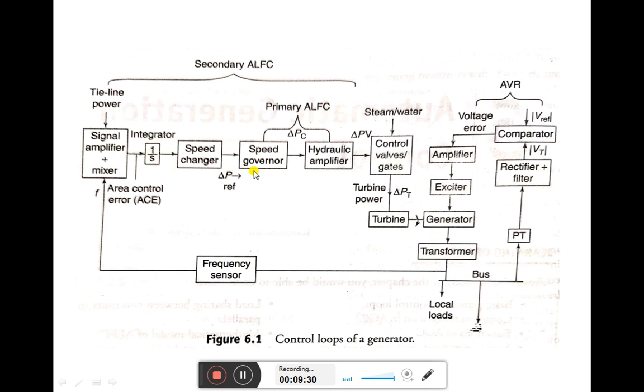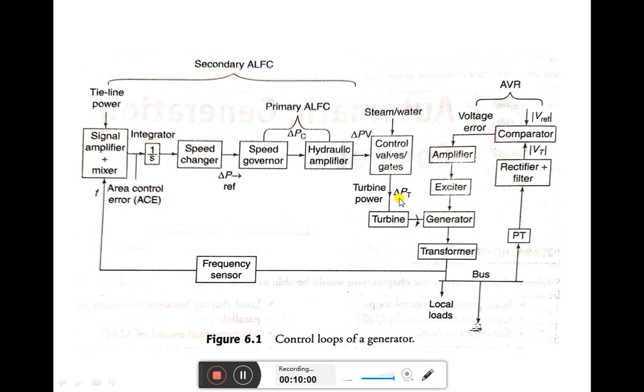The input to the turbine may be in the form of steam if it is a thermal power plant, and in the form of water if it is a hydropower plant. If we are facing the problem of deficient output of the generator, we will inject more steam or more water using these control valves or gate.